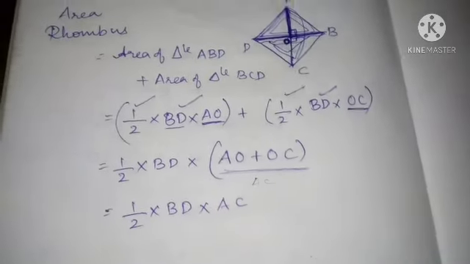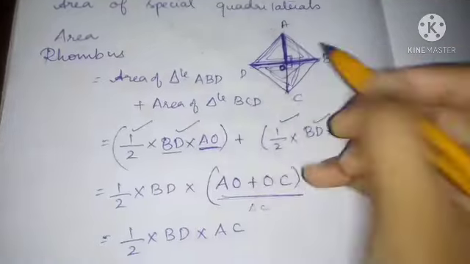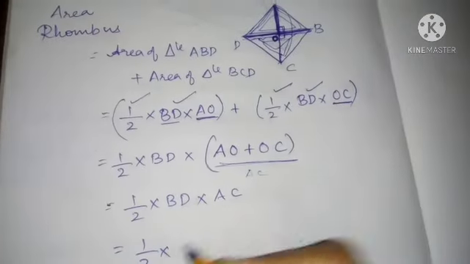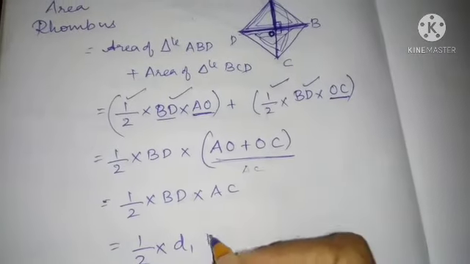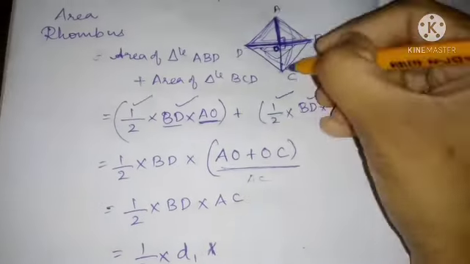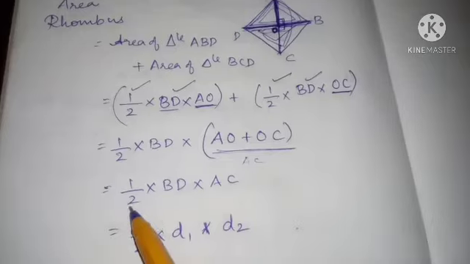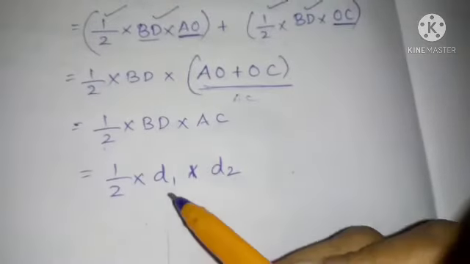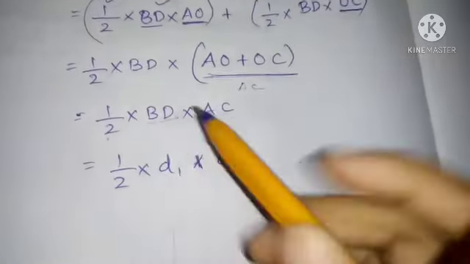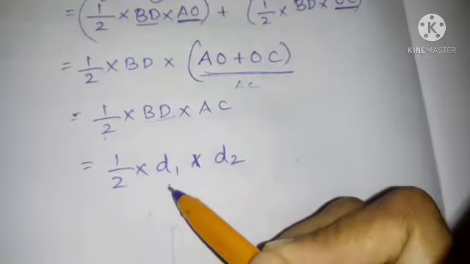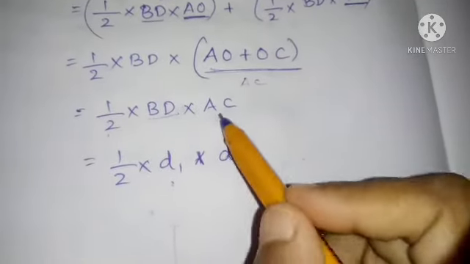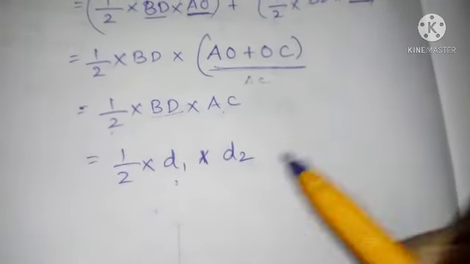Now BD is one of the diagonals, so I am going to write it as diagonal D1. AC is another diagonal, D2. So BD is diagonal number 1, AC is diagonal number 2.